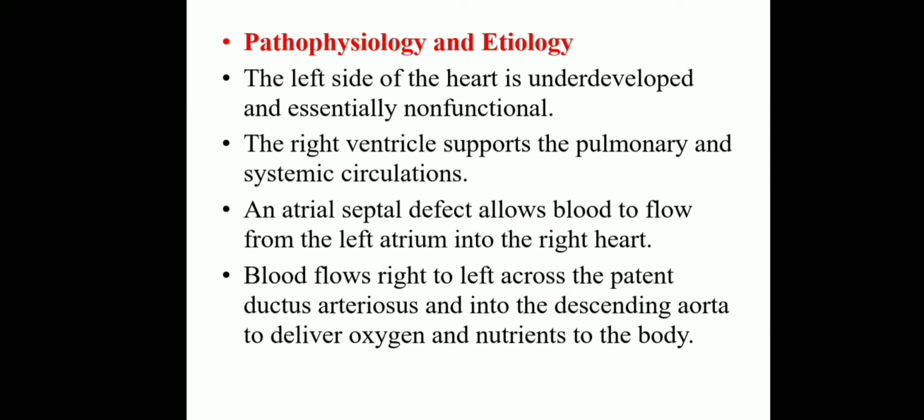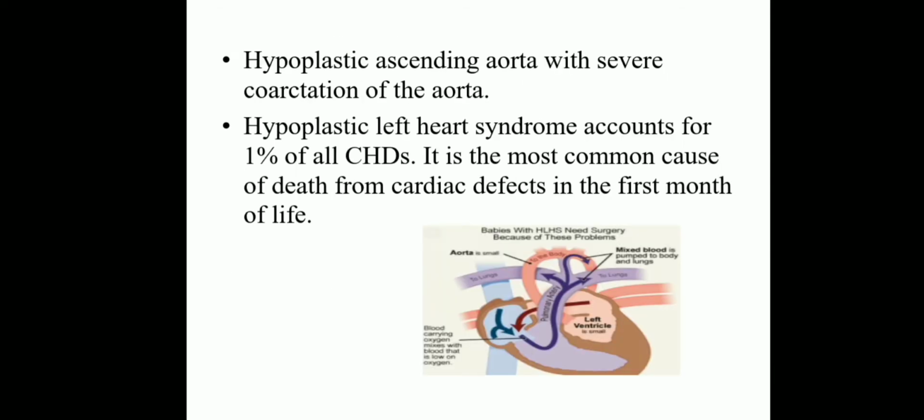An atrial septal defect allows blood flow from the left atrium to the right side of the heart. So the child also has an atrial septal defect. At the same time, blood flows right to left across the patent ductus arteriosus into the descending aorta and delivers oxygen and nutrients to the body. That is the normal process.